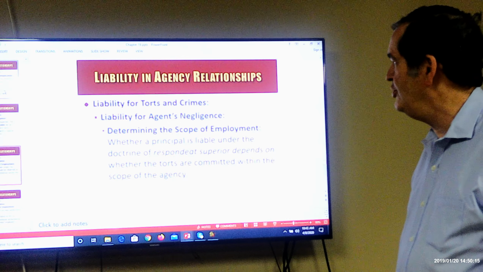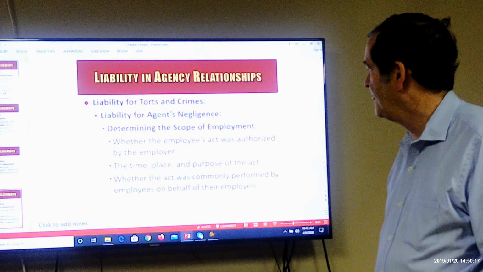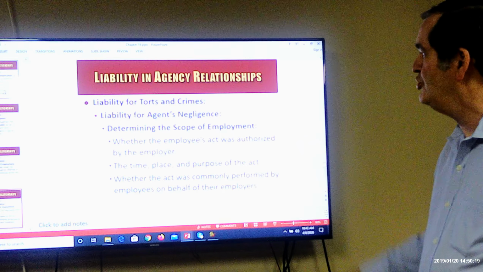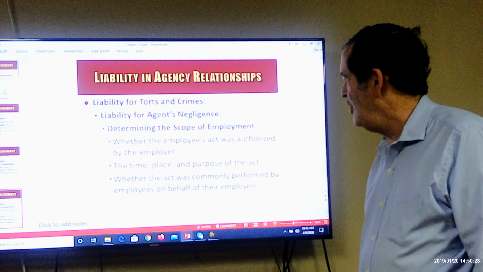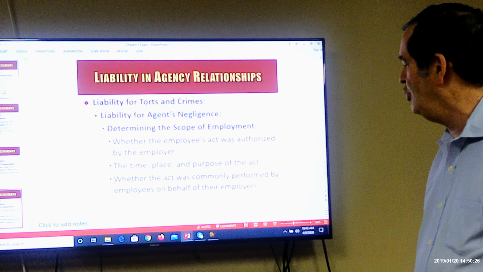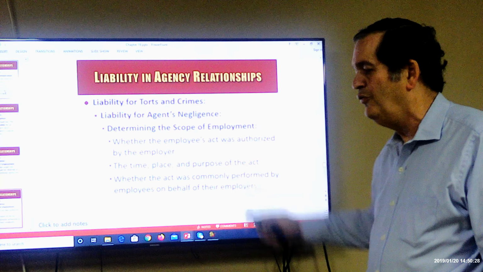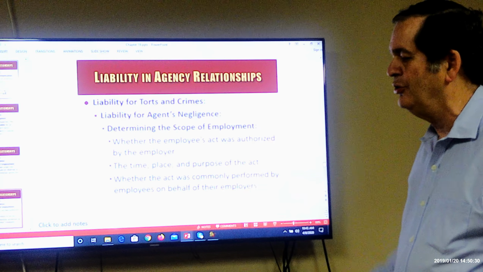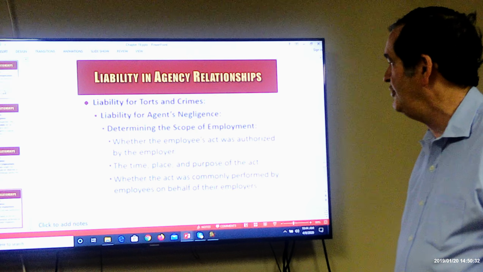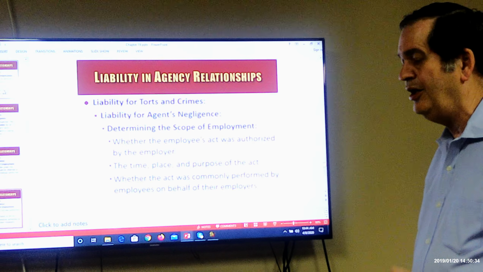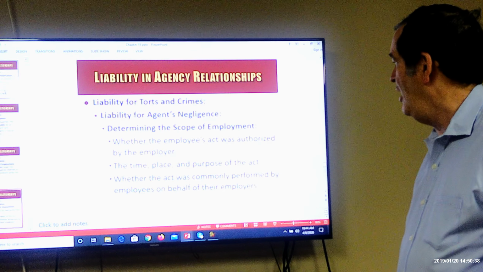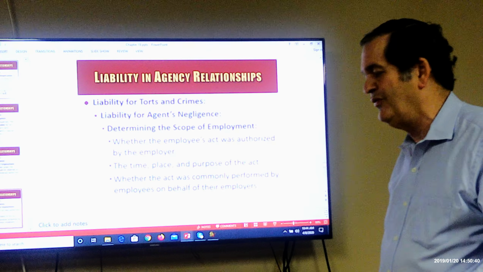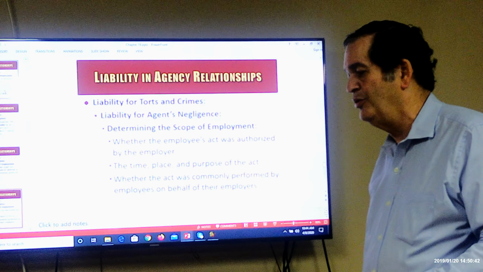So it has to be within the scope of the agency, whether it was authorized by the employer, the time, place, and purpose of the act, and whether the act was commonly performed by employees on behalf of the employer. So if we apply those standards to the McDonald's situation, it's authorized by the employer for the employee to get lunch, and the time, place, and purpose of the act, going to McDonald's, would be appropriate.